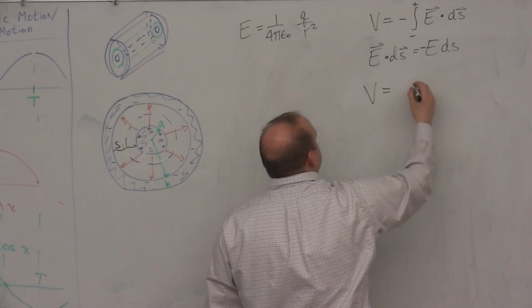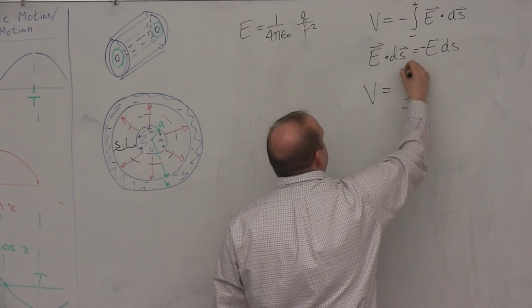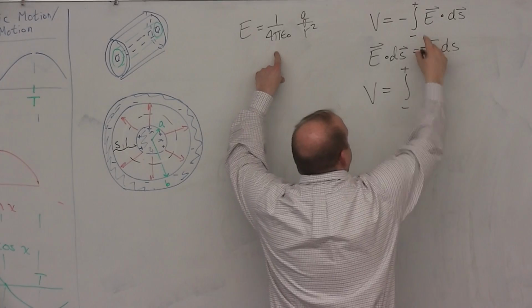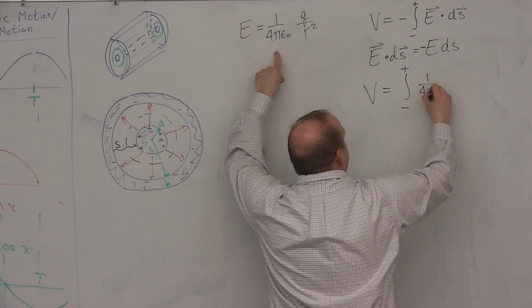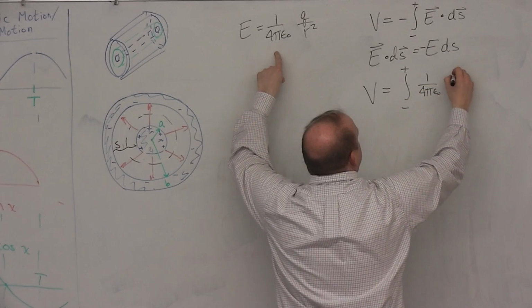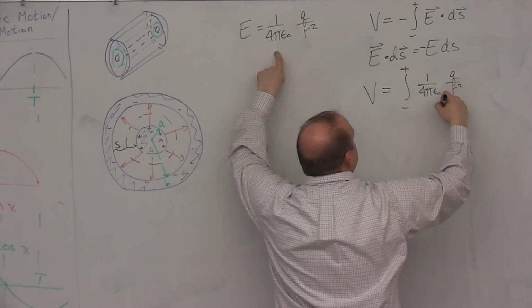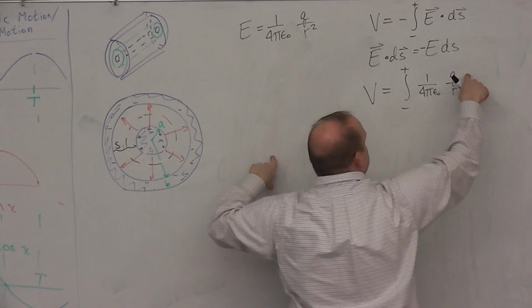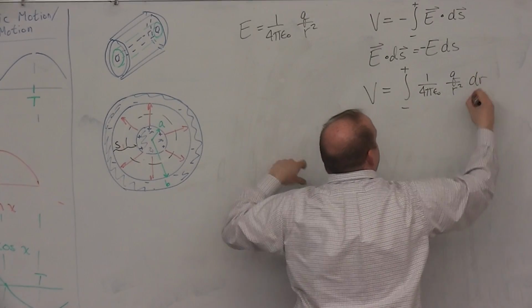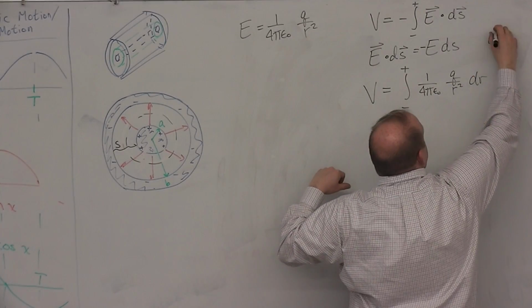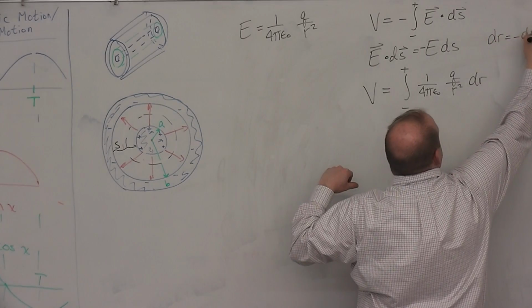So my potential is equal to the integral from negative to positive of the electric field, which is 1 over 4 pi epsilon naught, Q over r squared. Okay, and again, I wind up with having to do dr. So dr, now remember, dr is equal to negative ds.